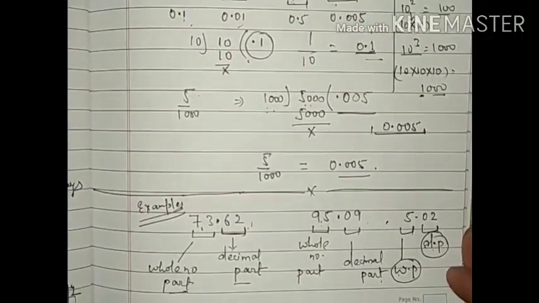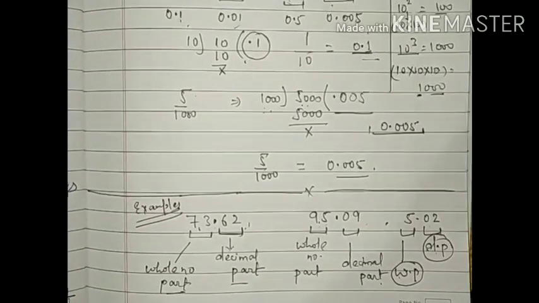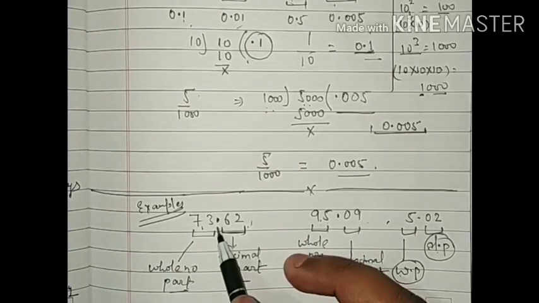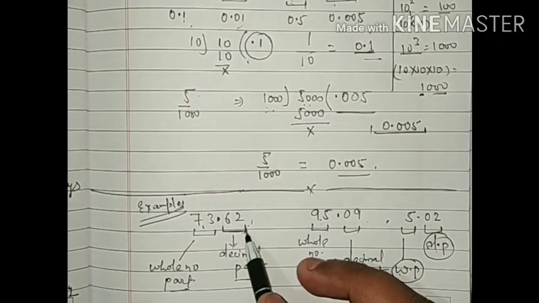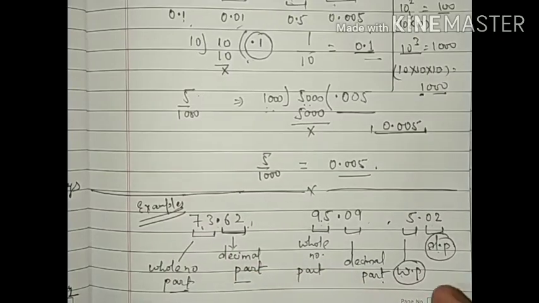Now, let's move further. I taught you about the decimal part and the whole number part. The numbers on the right side of the decimal point are known as the decimal part, and the numbers on the left side of the decimal are known as the whole number part. I hope it is clear.